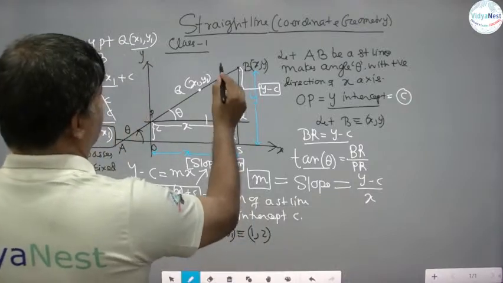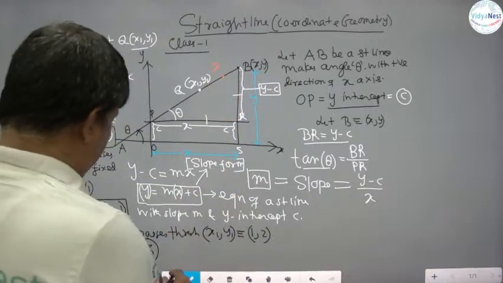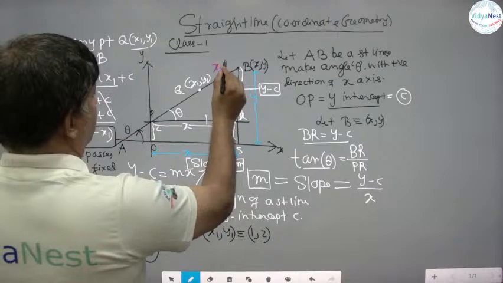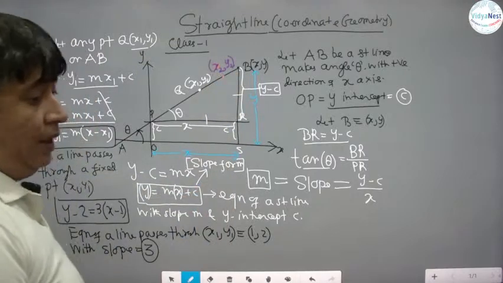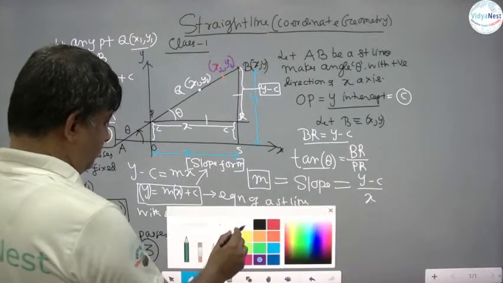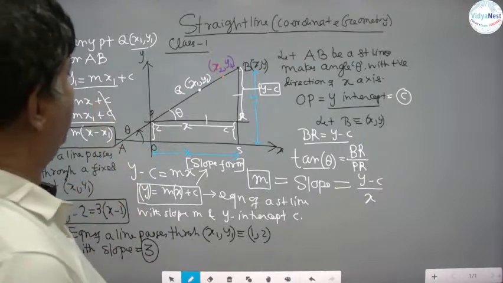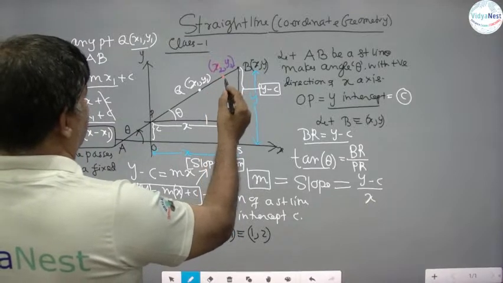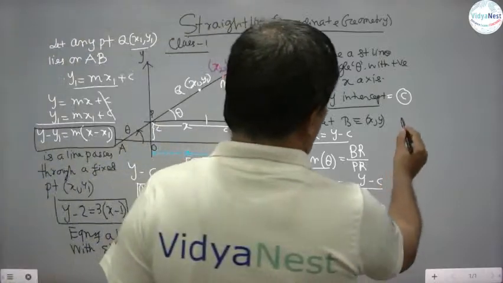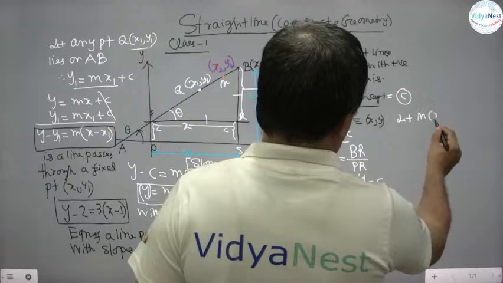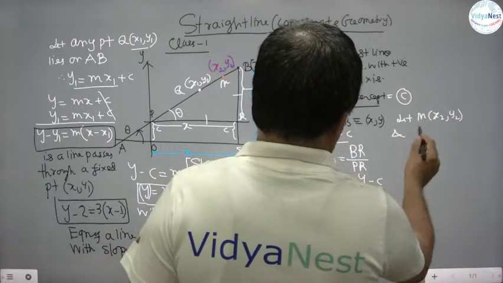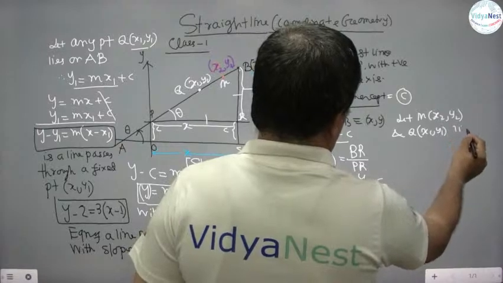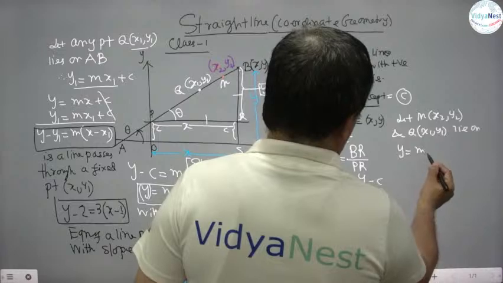Now, let another point M (x2, y2) and Q (x1, y1) lie on y is equal to mx plus c.